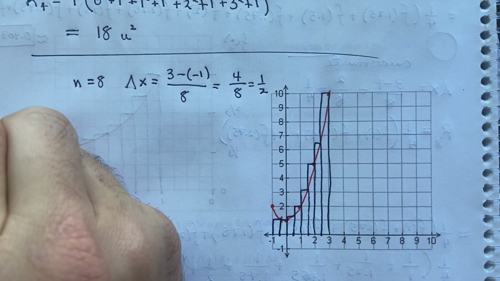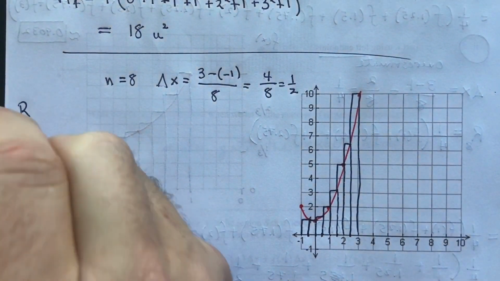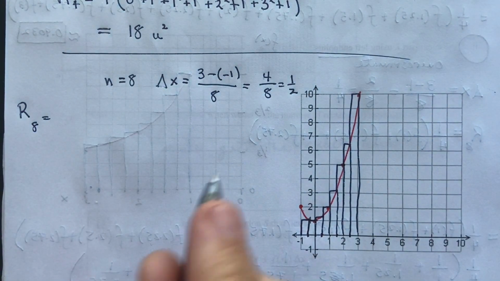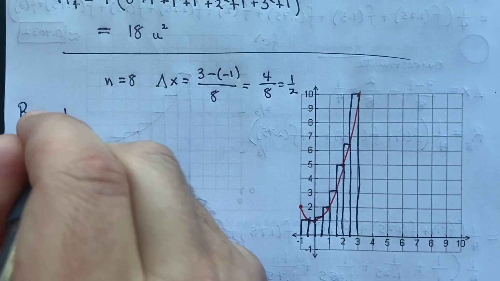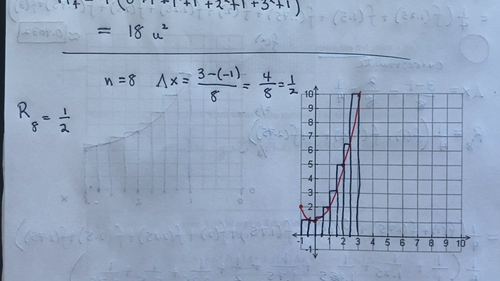So I'd have R sub 8 equal to, now we have 1/2 factored out front. That's the width of all these rectangles, so I'm factoring it out front.